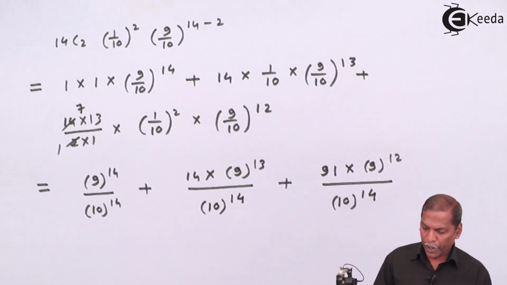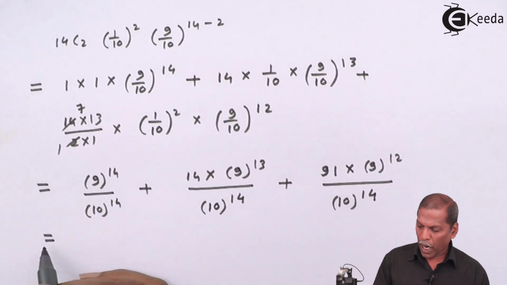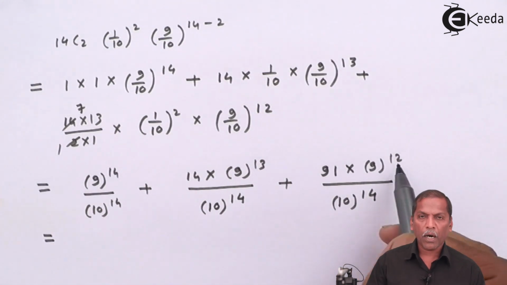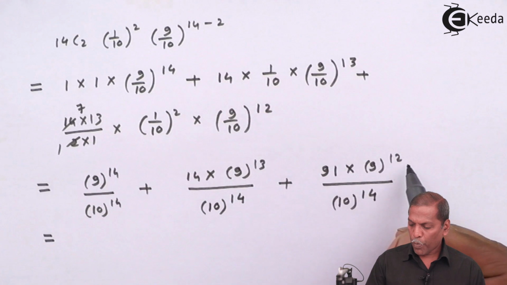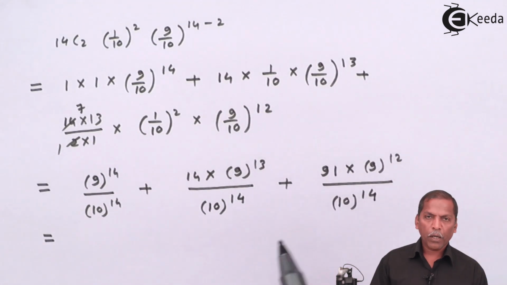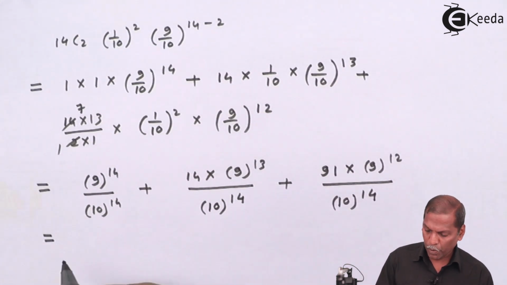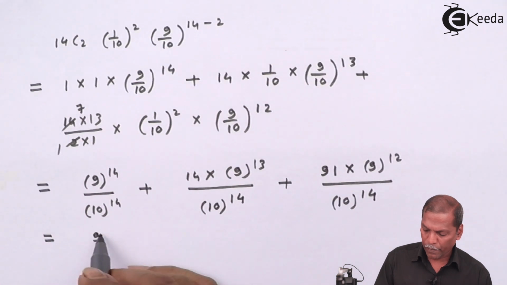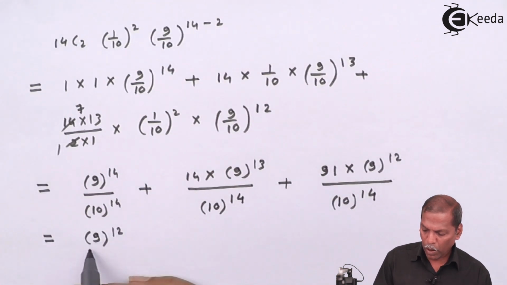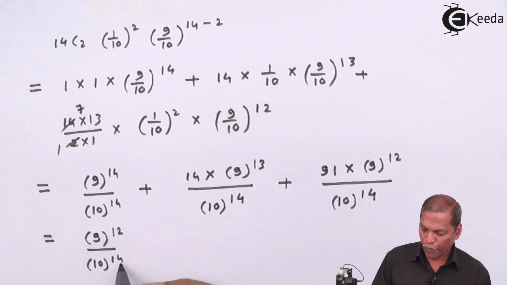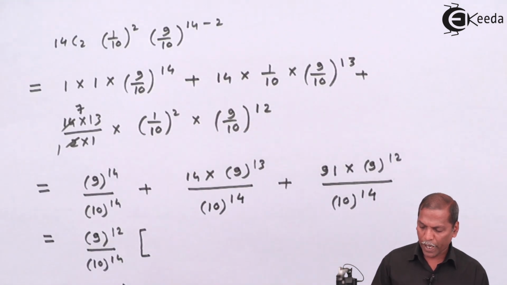So here we take 9 raise 12 upon 10 raise 14 common. So we get 9 raise 12 upon 10 raise 14 in bracket.